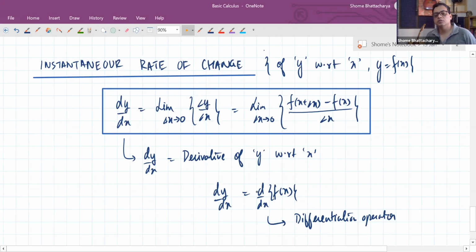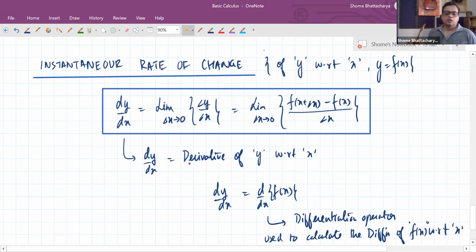And the whole term is used to calculate the differentiation of the function f of x with respect to the variable x. So this, as you know, is the definition of instantaneous rate of change.